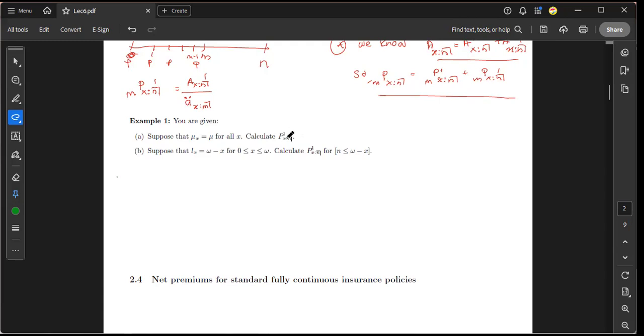So this is a fully discrete term life from age X to age X plus N. To calculate the P, we need capital A and the annuity. So first calculate this one.